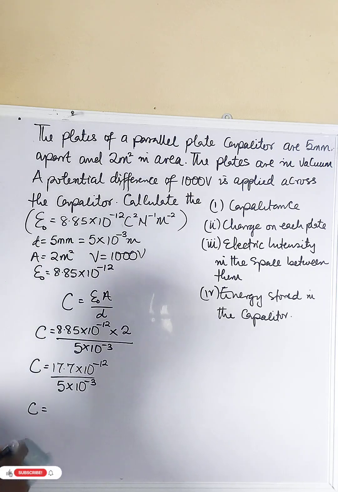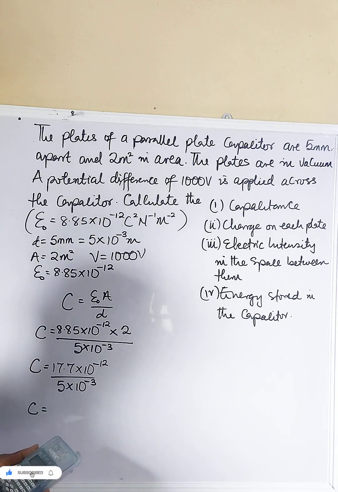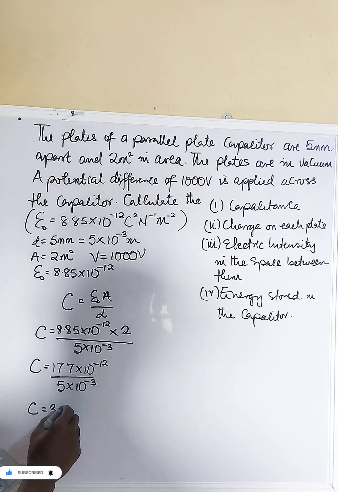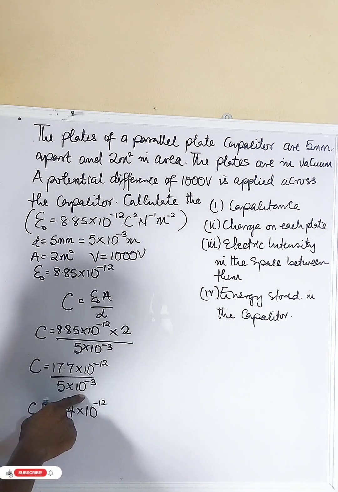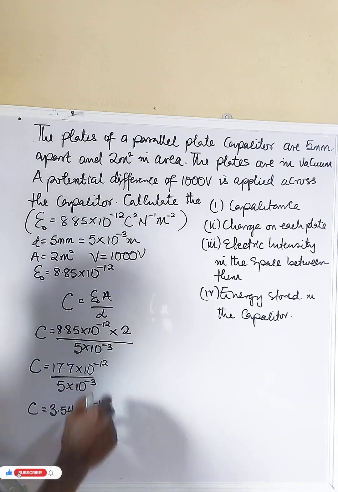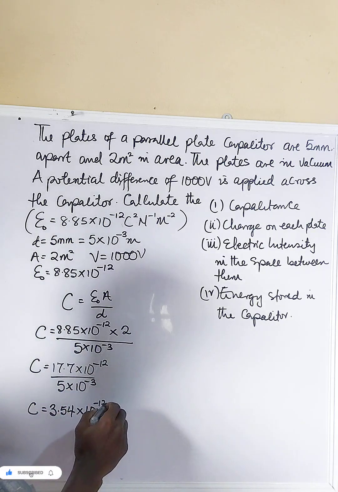Now 17.7 divided by 5 gives 3.54, times 10 to the power minus 12. Taking 10 to the power of minus 3 over to the numerator, according to the law of indices, it becomes plus 3.